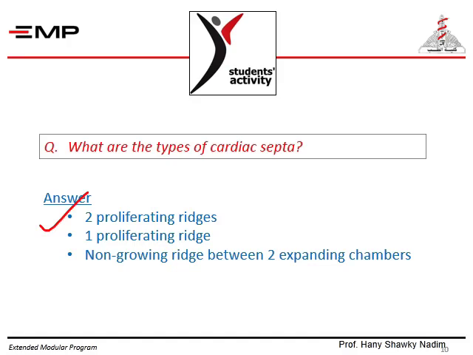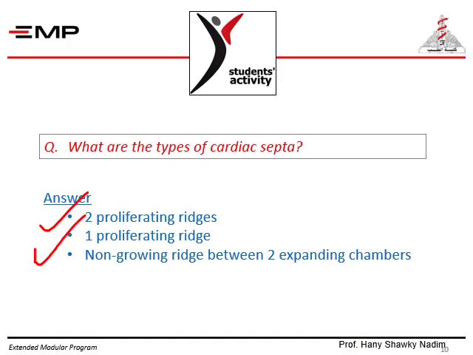Examples of those are the septum intermedium, the proximal bulbar septum, the distal bulbar septum, the truncus arteriosus septum, the spiral septum, and in addition to the membranous interventricular septum.